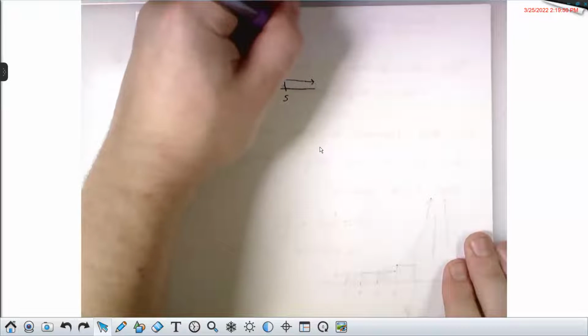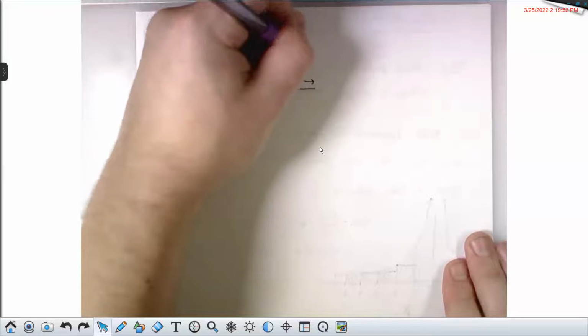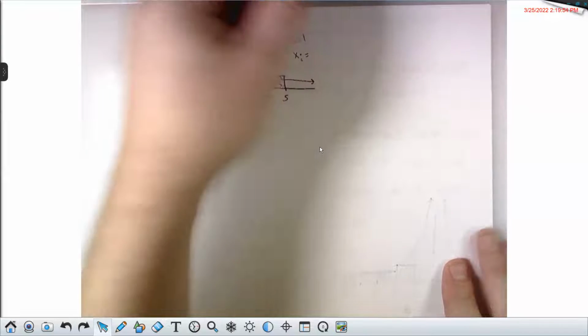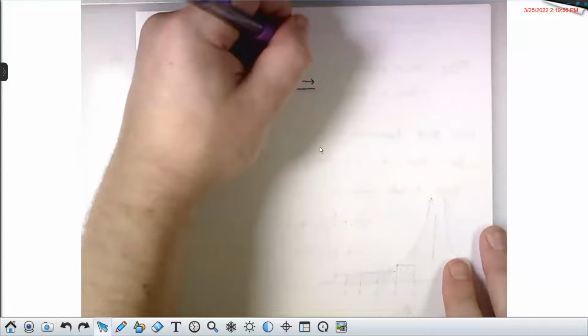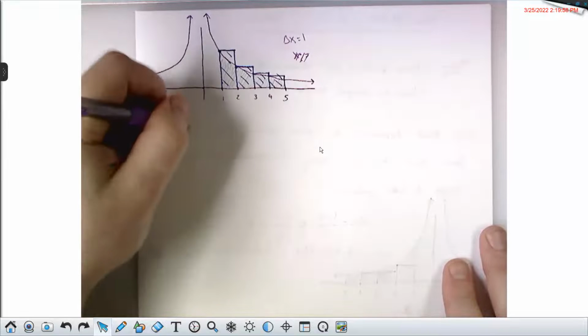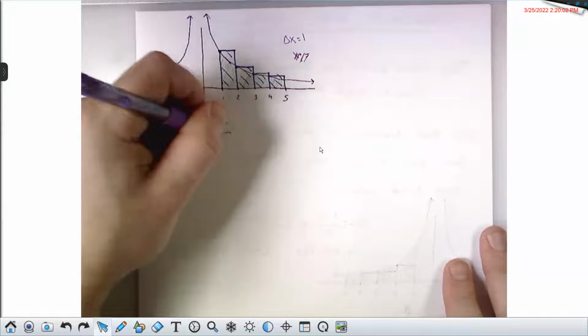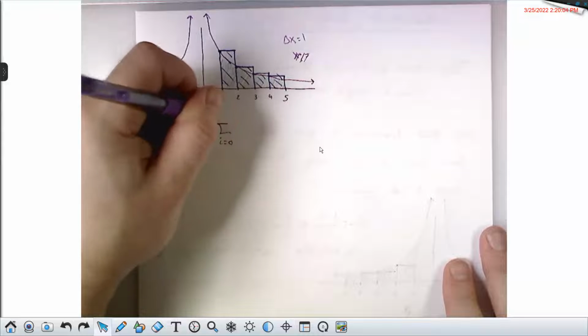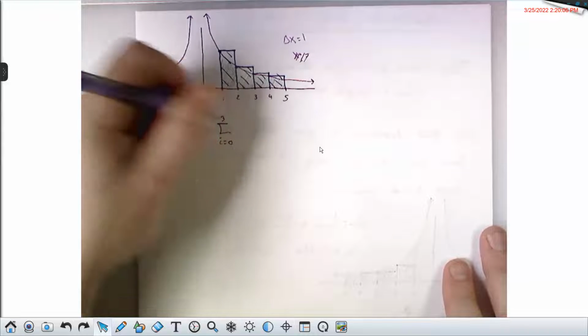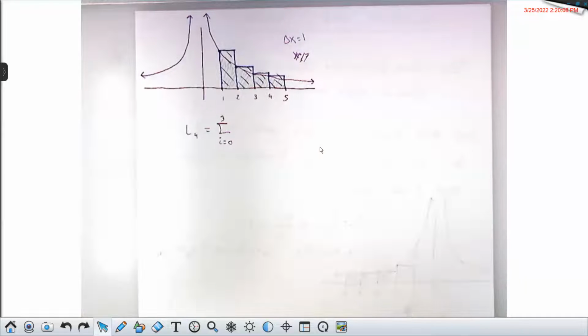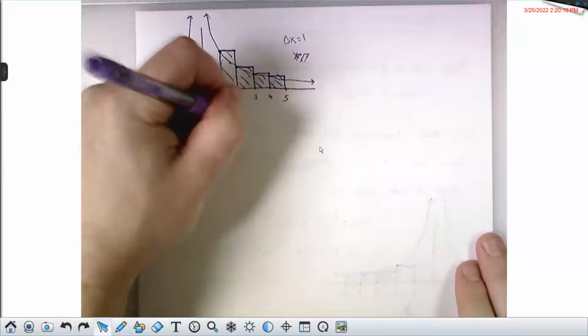Delta x is still 1, and the xi's are still the same as they were before. So L4, remember for the left endpoints, you sum from 0 up to n minus 1. So rather than summing from 1 to 4, this will be the sum from 0 to 3.